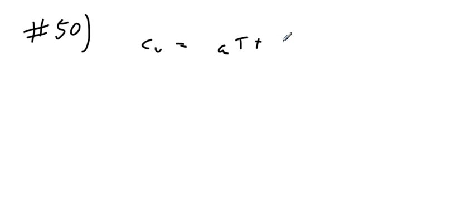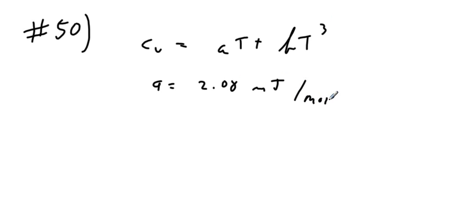A T plus B T cubed, where A is 2.08 millijoules per mole Kelvin squared, and B is 2.57 millijoules per mole Kelvin to the fourth.